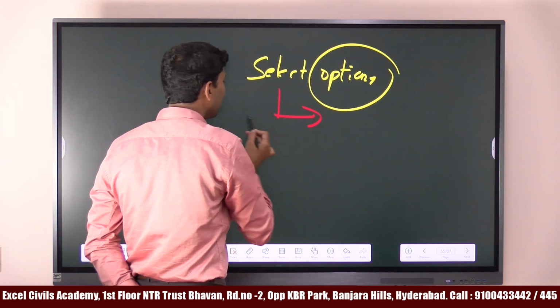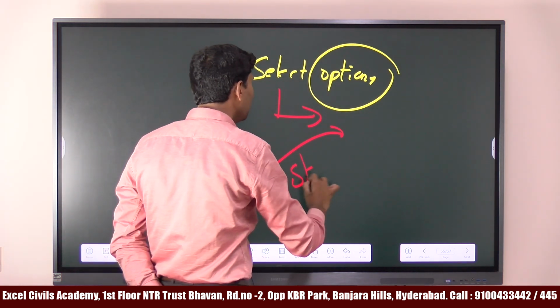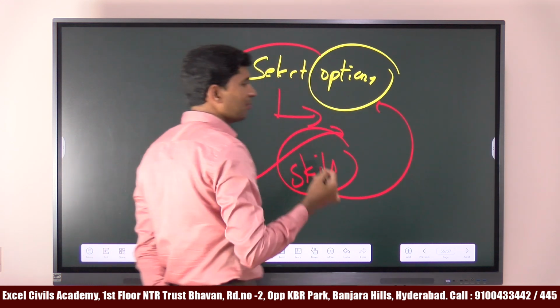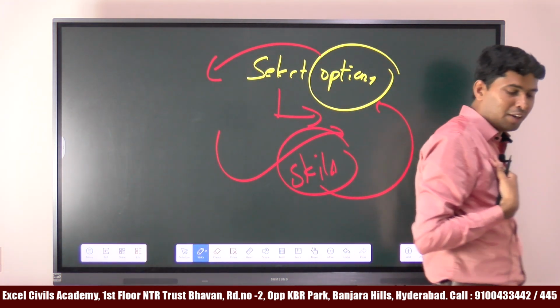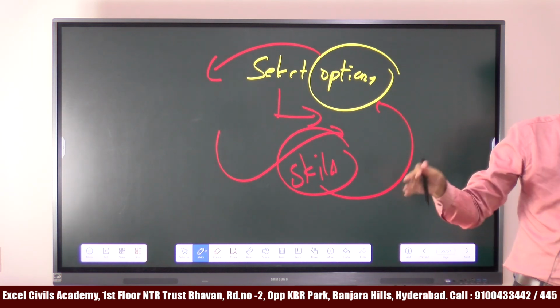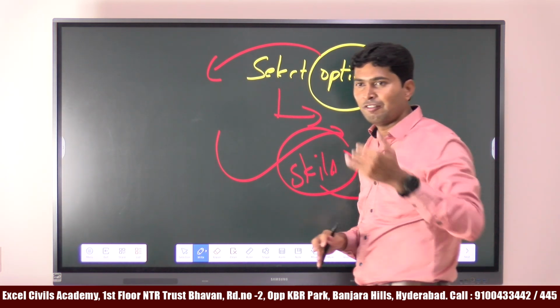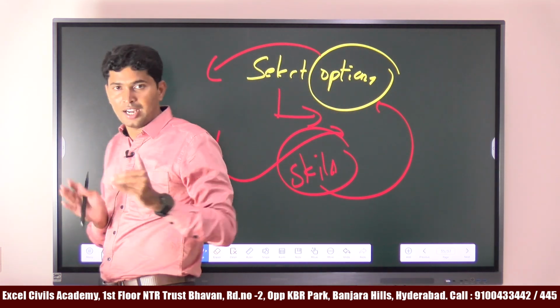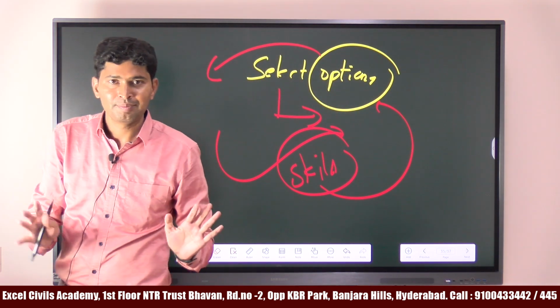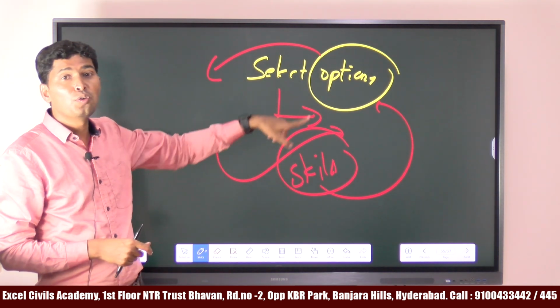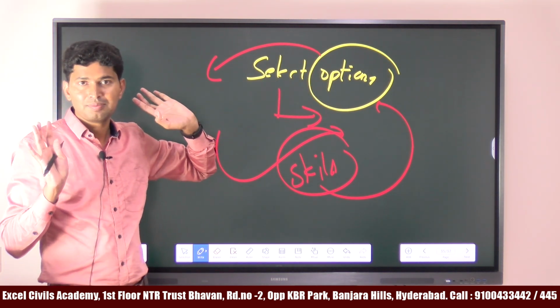Rather than comparing like that, try to improve your skills to match the demand of that optional. For me PSIR is good, for my friend public administration is good, for another friend sociology is good, for another anthropology is good, according to his choice. Let it be. For that optional, whichever skills are required to score marks, you need to improve those skills.